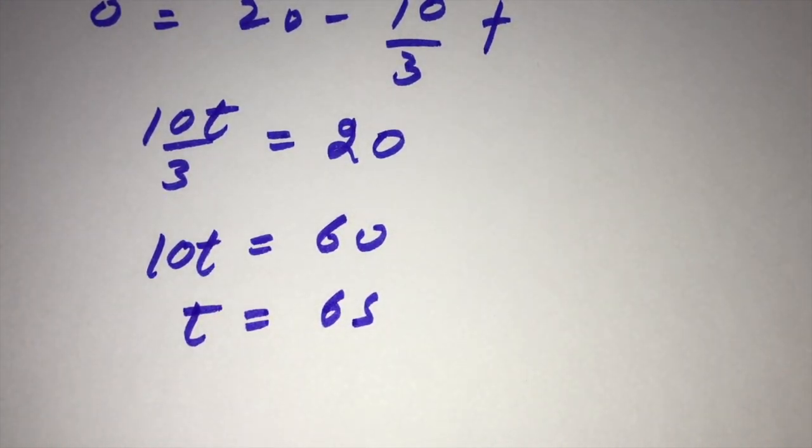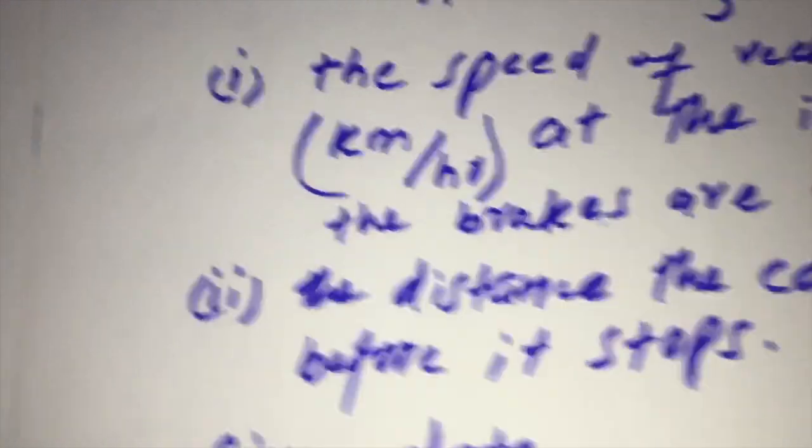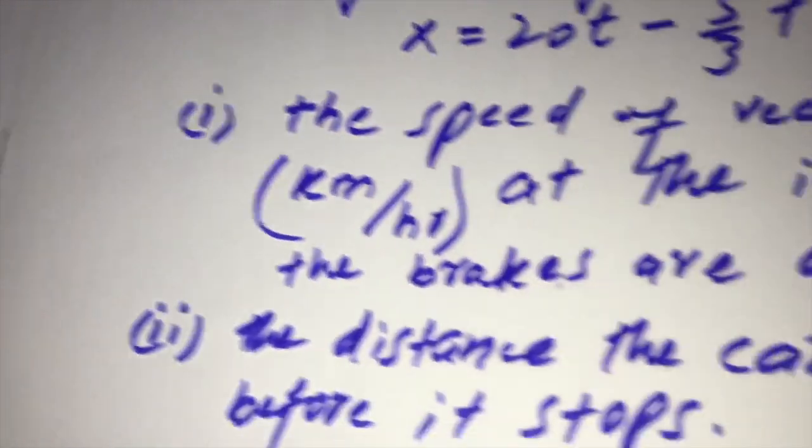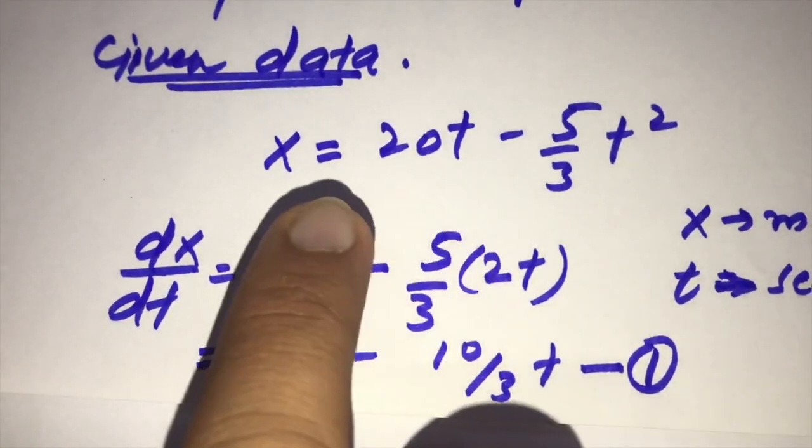Now put this t in our original displacement equation in order to find the distance the car traveled before it stops. So put this t is equal to 6 seconds in this equation.